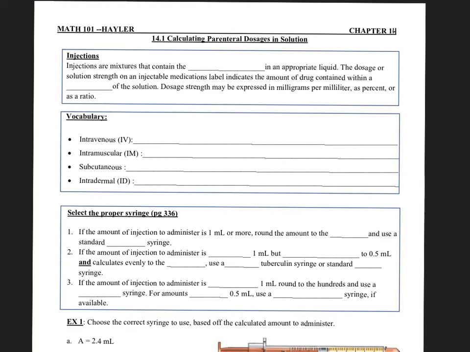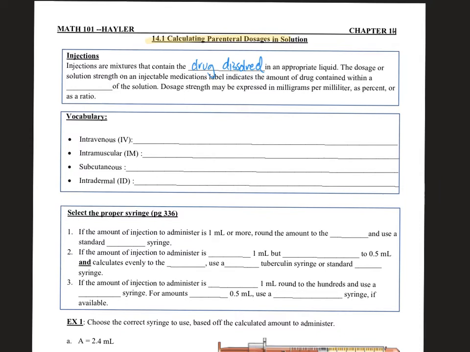Welcome to Chapter 14. We're just going to be working on 4.1 in Chapter 14, so calculating parenteral dosages in solution. Alright, so we're looking at injections. And injections are mixtures that contain the drug dissolved in an appropriate liquid.